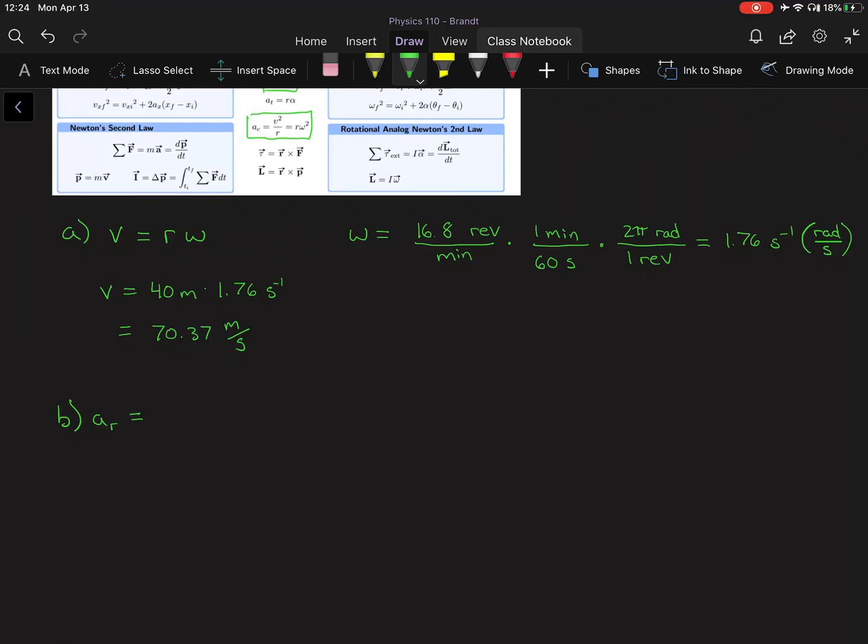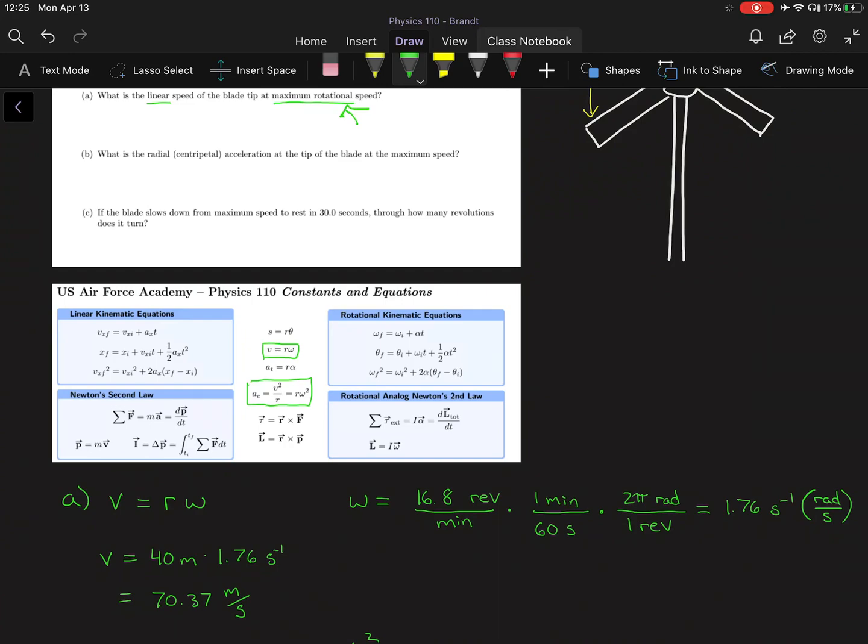So we just found V, so let's just do it V squared over R. So in that case, it's just plug and chug, 70.37 meters per second. That whole thing is squared over R, which is 40 meters. And when we calculate that whole thing out, we get 123.8 meters per second squared.